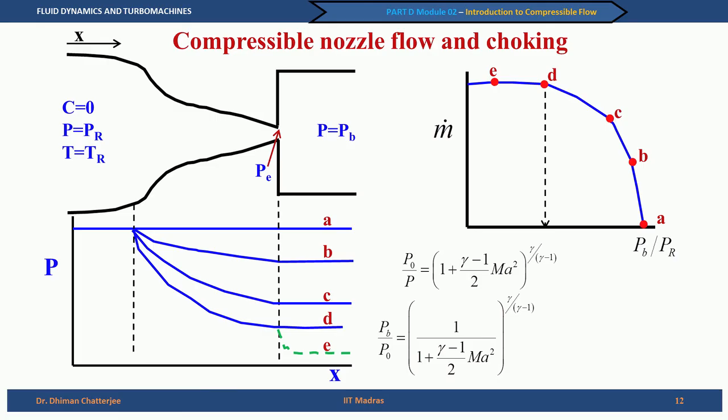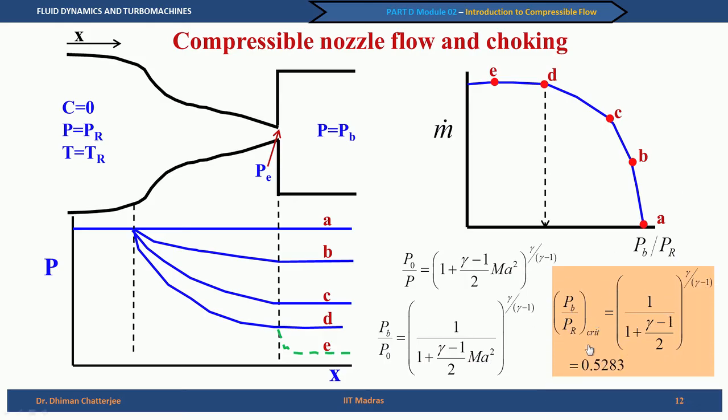At the throat, the highest speed that can be obtained from a subsonic condition through a convergent passage is the Mach number 1 or the sonic state. So, if we put Mach number 1 here, then we get P b by P r for the critical case as 0.5283 if we use gamma equal to 1.4.